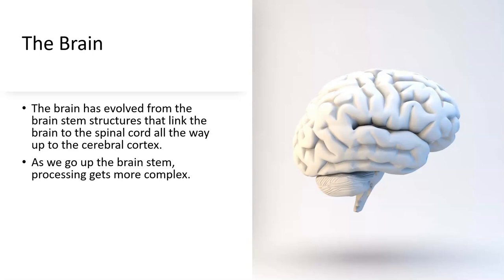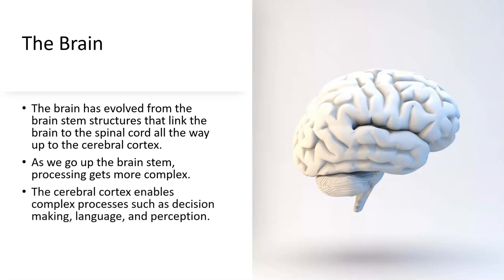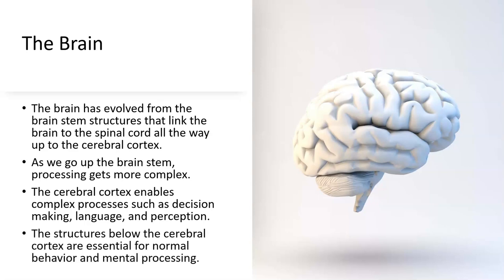Those sorts of things are very complex processes that require a lot of interconnectivity and a functioning memory system, etc., in order to accomplish them. The cortex enables all those complex things that I've just described, including the various cognitive processes of decision-making, language, and perception. So making sense of the environment around us.